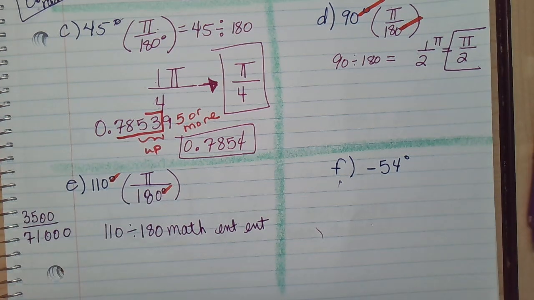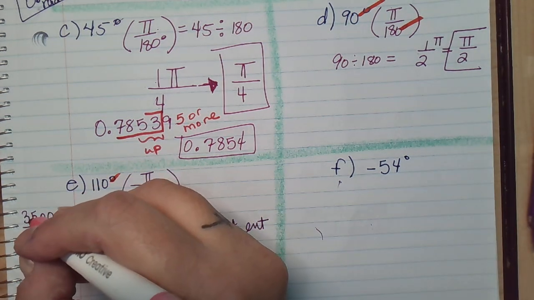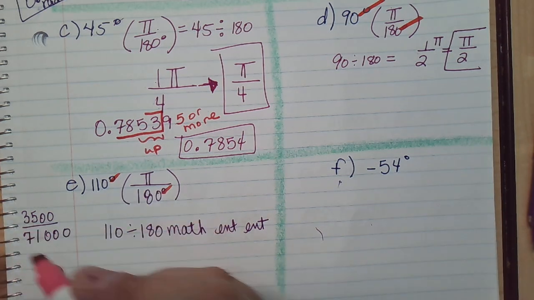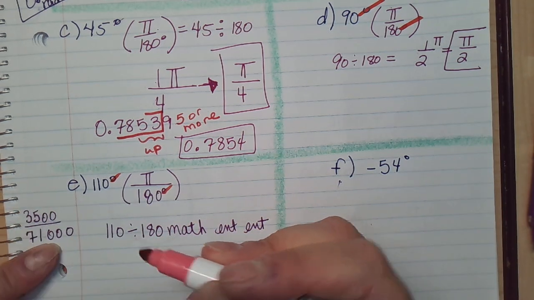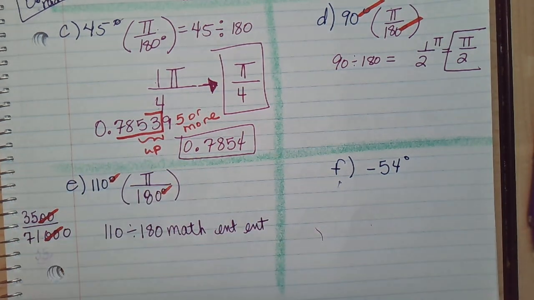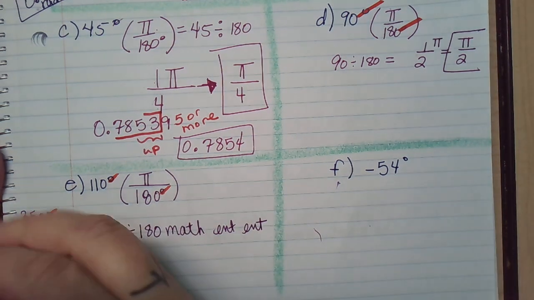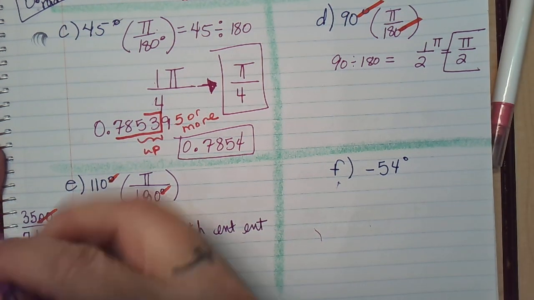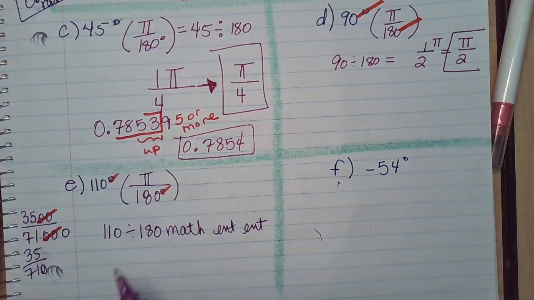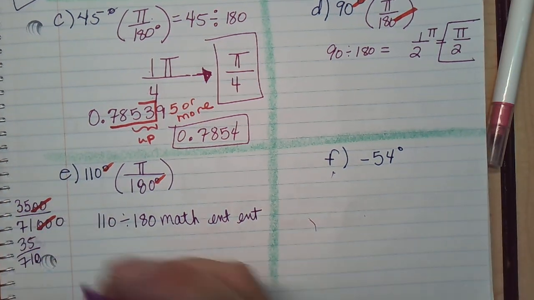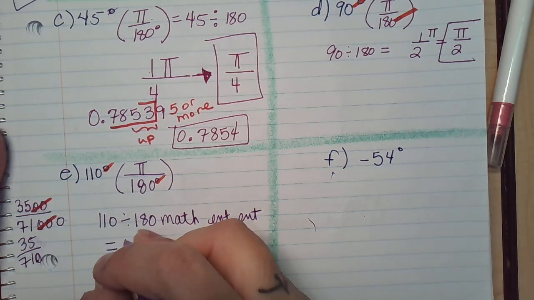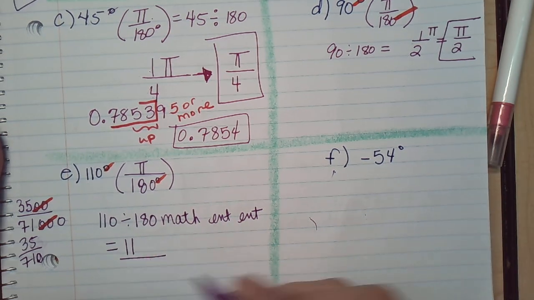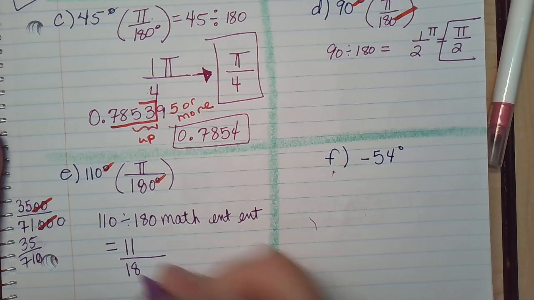There's a rule of zeros that to reduce, if you want to, see how there's 2 zeros on the top and the bottom, then I can just cross them out and it becomes 35 over 71 and that other 0 on the bottom. So that's kind of what happens with this 110 and 180. The zeros cancel out, and when you press math, enter, you should get 11 over 18.